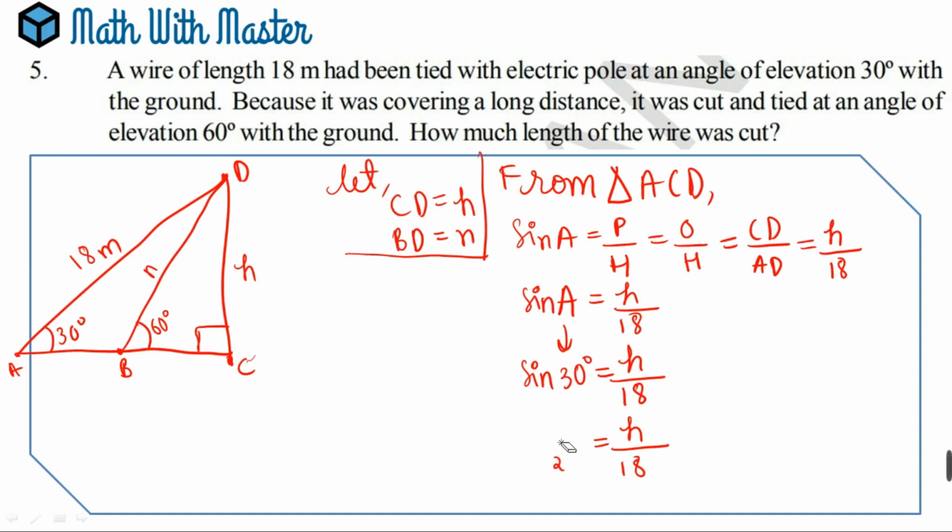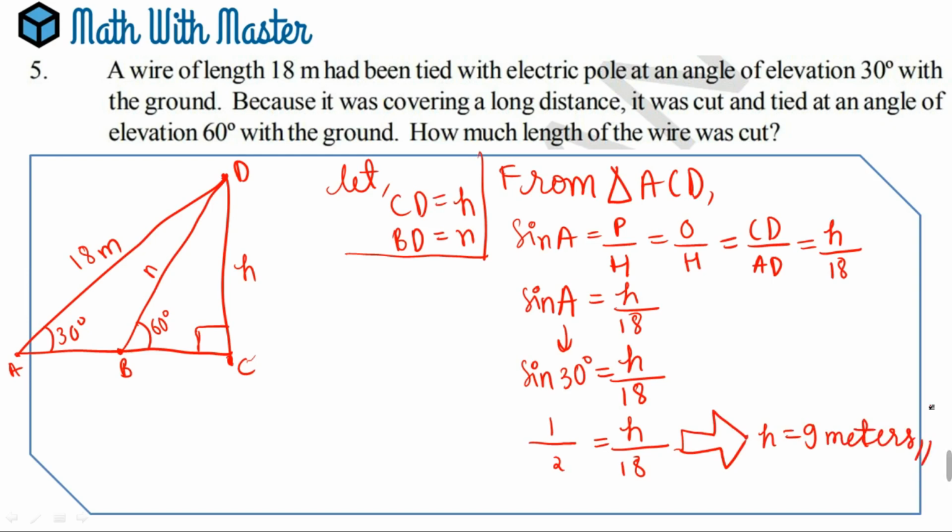The mistake I have done is the value of sine 30 degrees is 1 by 2, not root 3 by 2. It was the value of sine 60 degrees. So the value here will come H is equals to 9 meters. If you cross multiply them, you will get 2H is equals to 18.